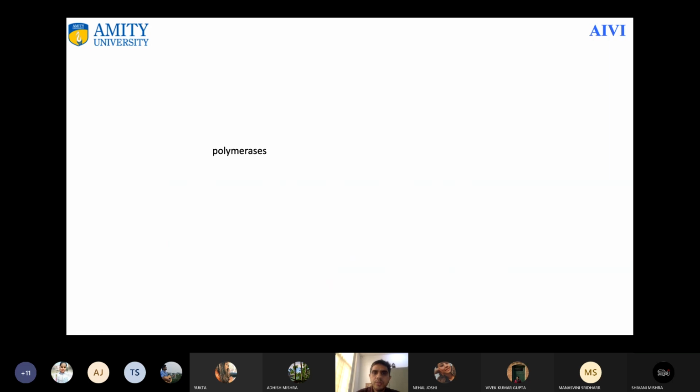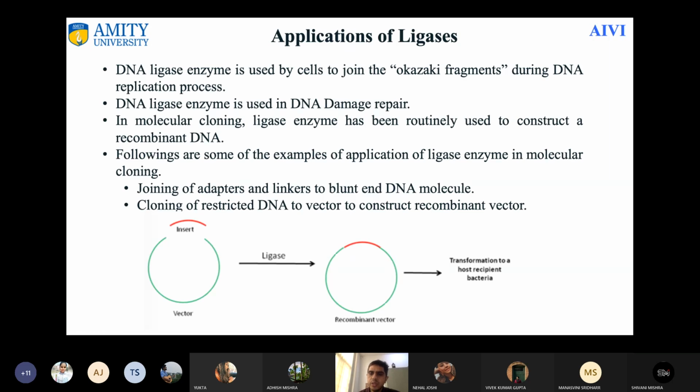So I'm stopping it now at the ligase. After this we will move to our next enzyme, which is going to be the polymerase.